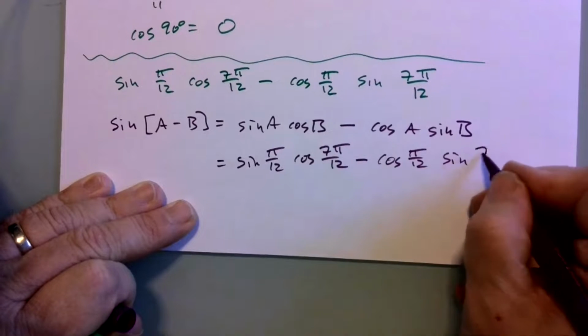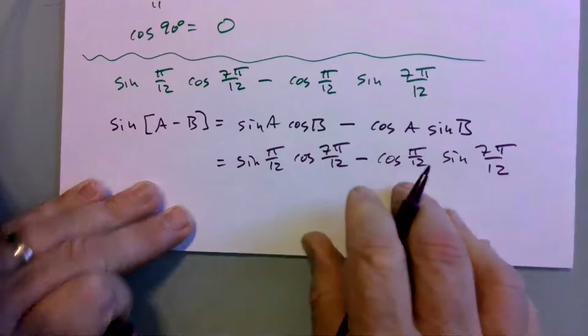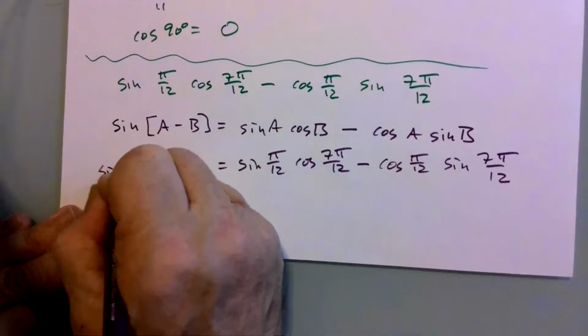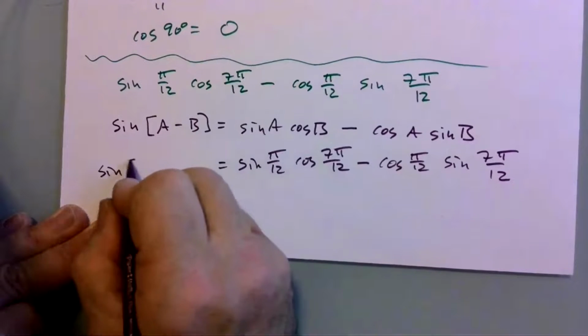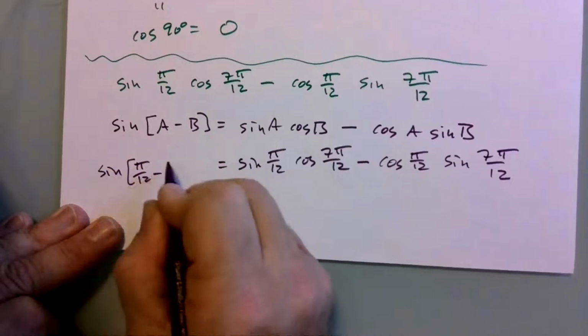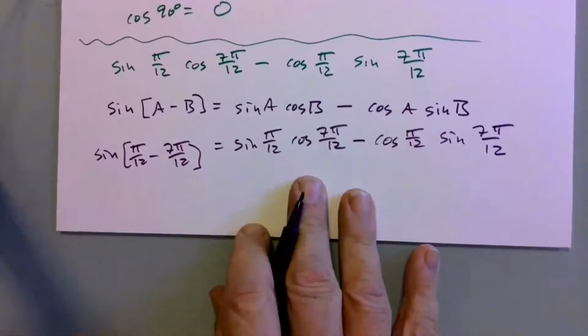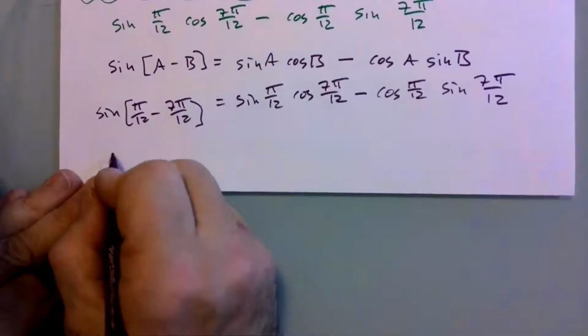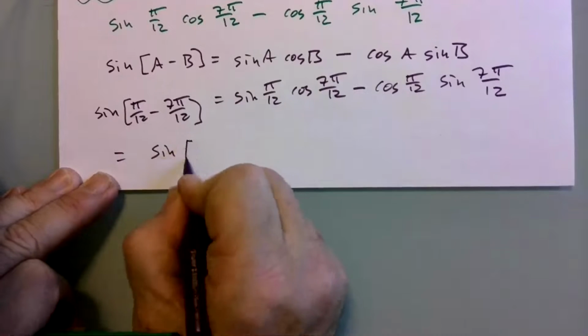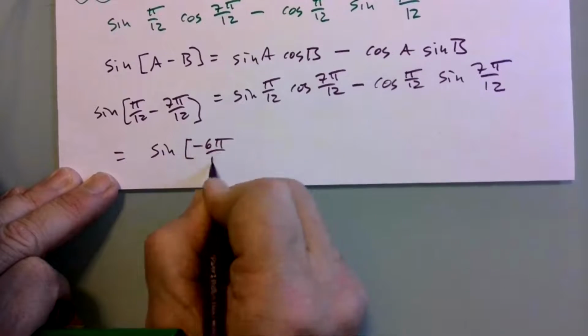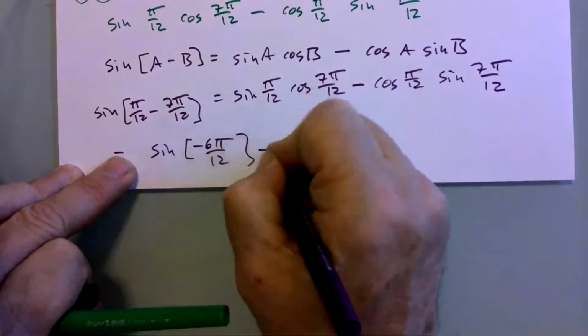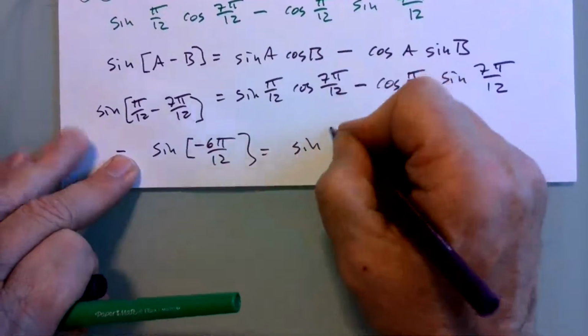That's what we're given in the problem. And this has got to be sine of pi over 12 minus 7 pi over 12. And Ruben saw that that was sine negative 6 pi over 12. So this equals sine negative 6 pi over 12, which is sine negative pi over 2.